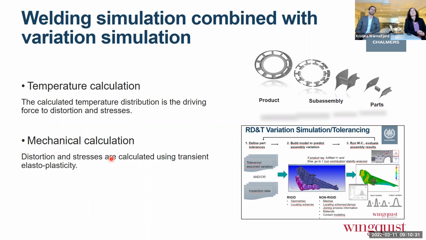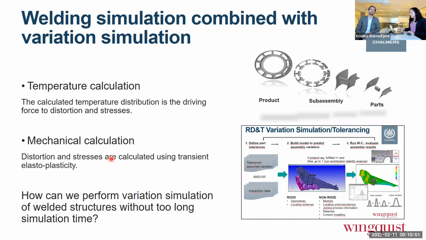It's not unusual that the welding simulation can take many hours to conduct. And if we also want to include this in variation simulation, where we run Monte Carlo simulation and we sample thousands of samples, then this is not possible to do for this kind of variation or welding simulation.